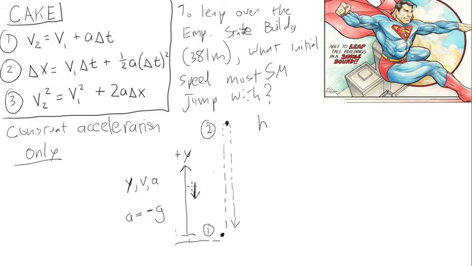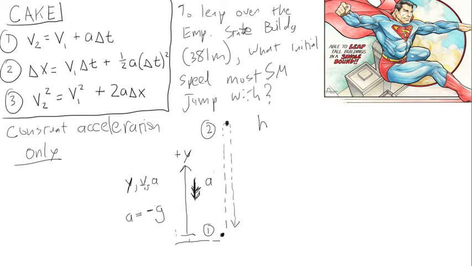Remember that little g is always a positive number. So if we want to be accelerating in the negative y direction due to gravity, we need to say that acceleration is equal to negative g. That's constant everywhere.